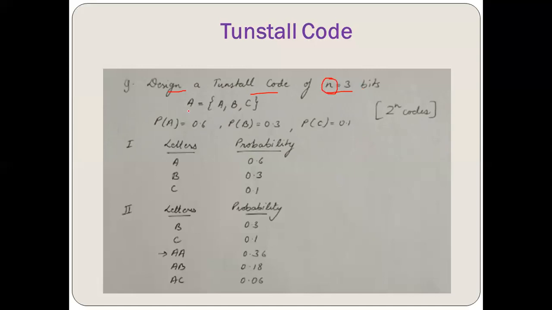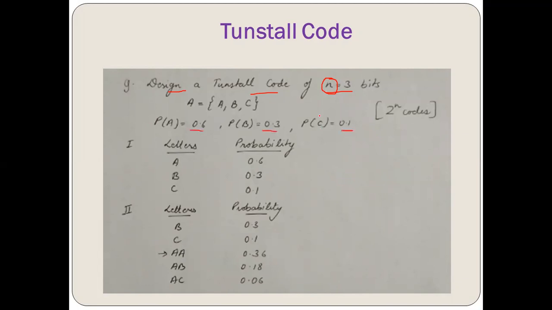Now, what is the source? The source is A, B, and C. Here we have been provided with the probability of each symbol. That is, the probability of A is 0.6, probability of B is 0.3, and probability of C is 0.1, right?